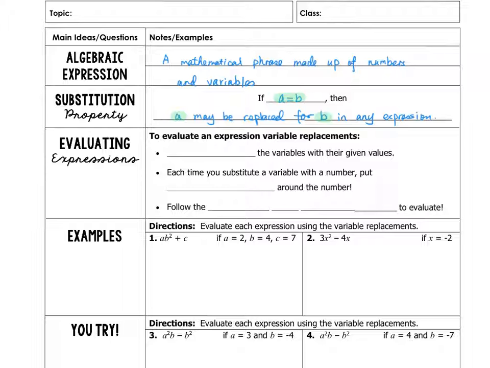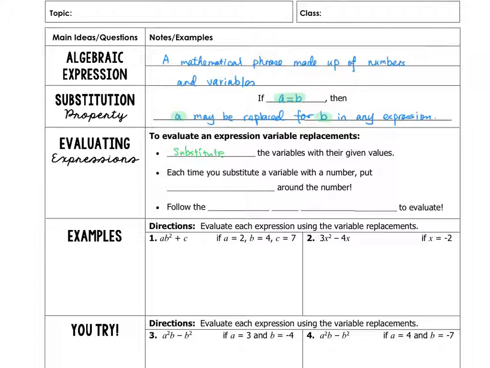So to evaluate an expression using variable replacement, that's a mouthful, we first have to substitute the variables with their given values.